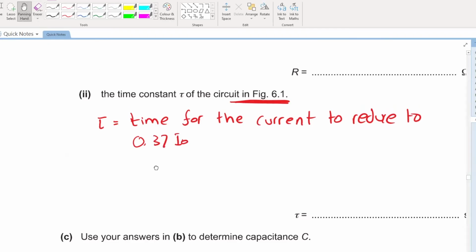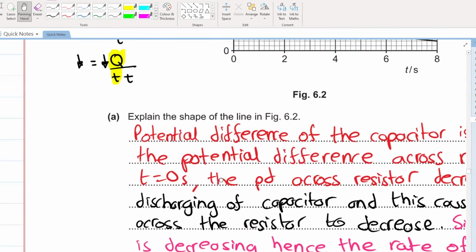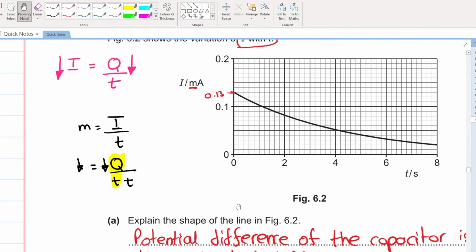So what is your I naught here? 0.13. What will be 0.37 into 0.13? 0.37 into 0.13 is 0.048.